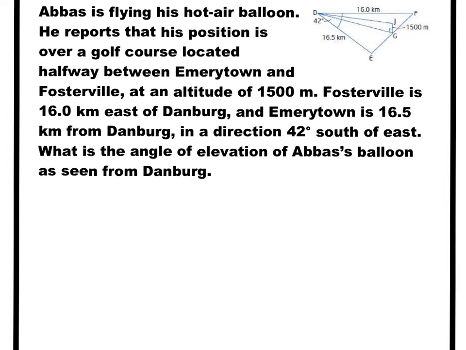Remember that Emerytown is going to be the vertex E, and Fosterville is going to be the vertex F, and JG is going to be 1500 meters, which is 1.5 kilometers. Just remember that EG and GF are going to be equal.